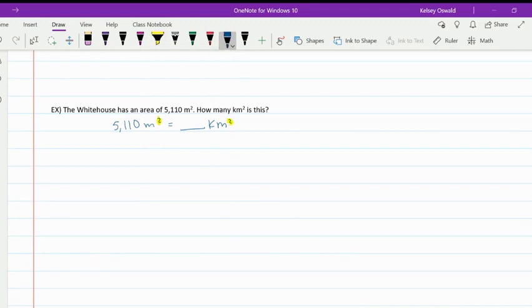If we have something squared, that's the same thing as meters times meters, and we're trying to get to kilometers times kilometers. So we're going to start off with what we're given: 5,110 meters squared, and we're going to think of that as meters times meters.